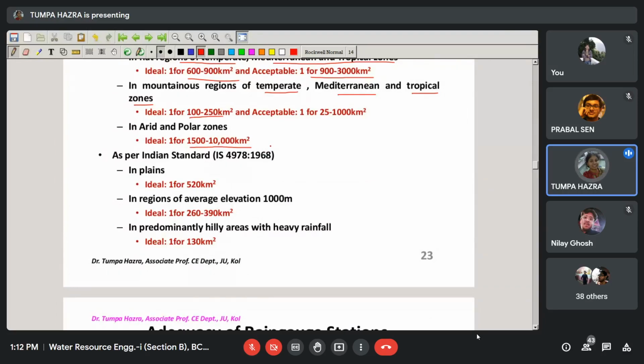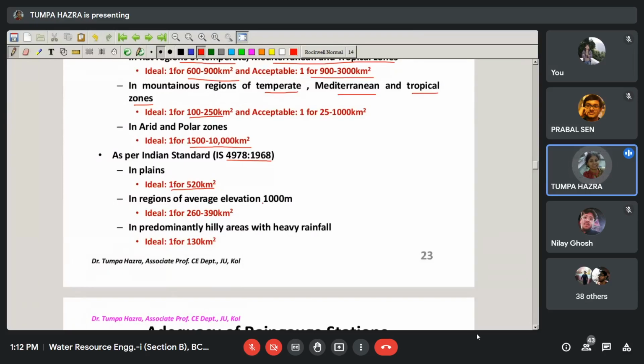Based on the recommendation of the World Meteorological Organization, India has specified the number of rain gauges as noted in IS 4978:1978. In plain area, 1 for 520 square kilometer.